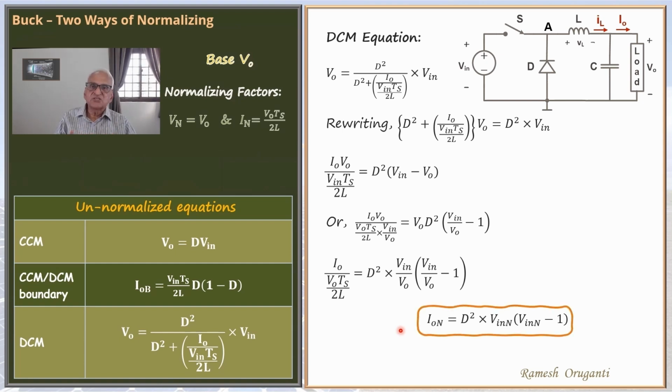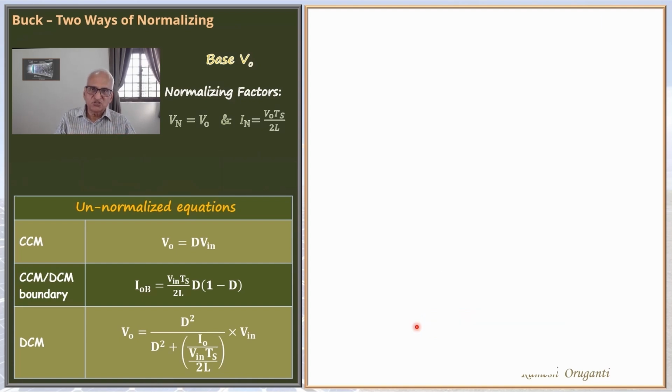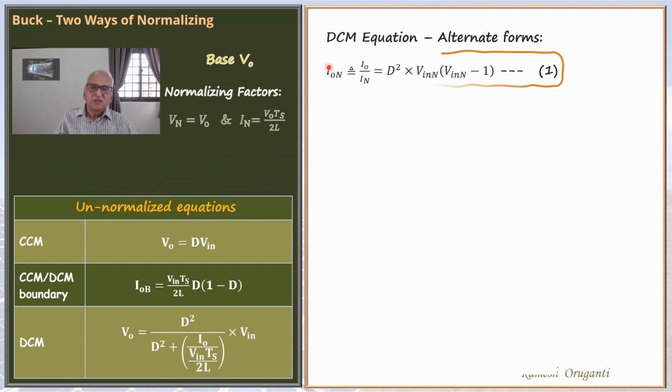We can rewrite this in alternate forms depending on how we intend to use this equation. This is the equation we just now derived. This equation is an equation for normalized output current. The normalized output current is on the left-hand side. We can rewrite this equation so that the duty cycle is on the left-hand side.